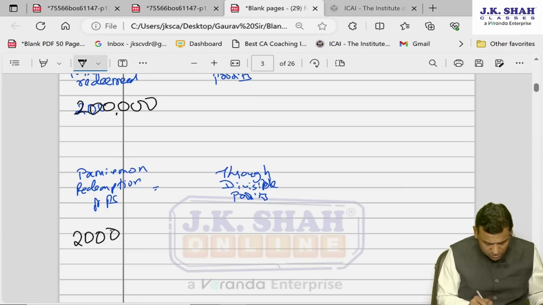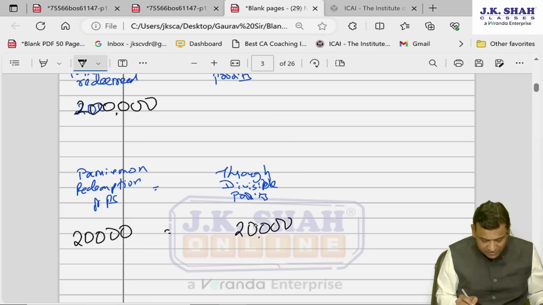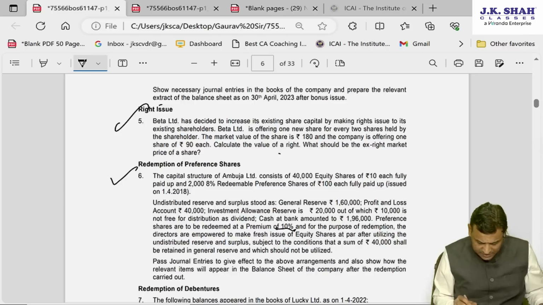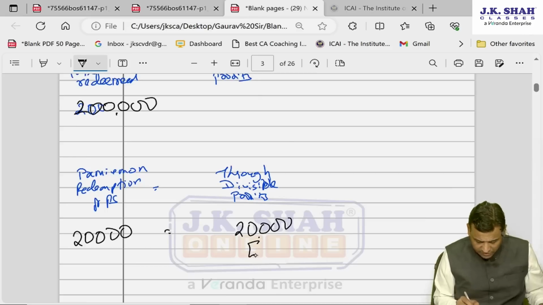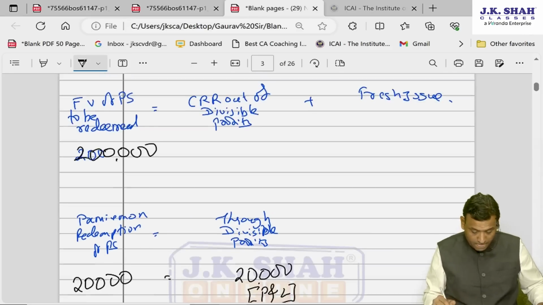This is 20,000. So this 20,000 will be through divisible profits. What is the divisible profit available to us? Can I say the divisible profit which is available to us is P&L account, which is of 40,000. So I will use P&L account to that extent to write off my premium.